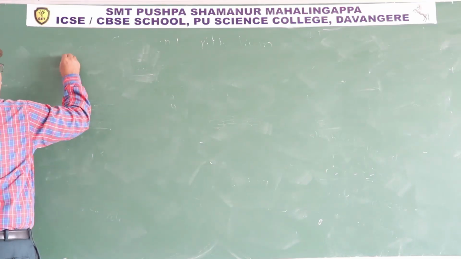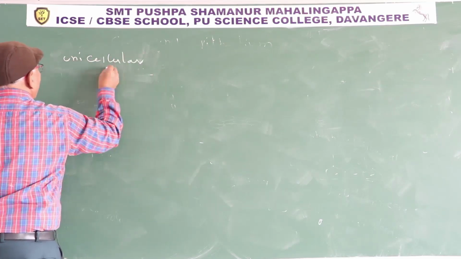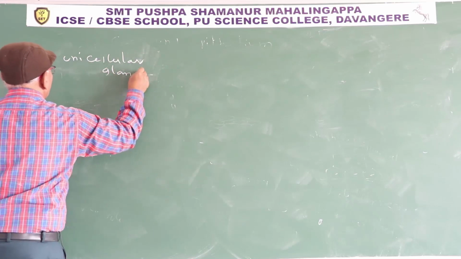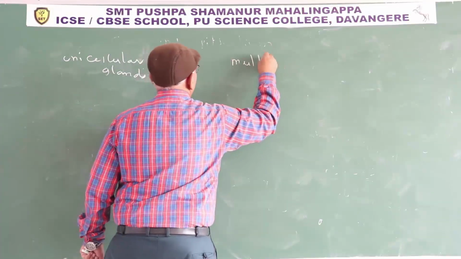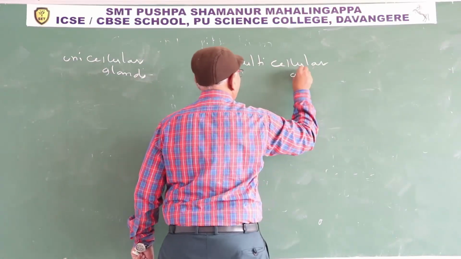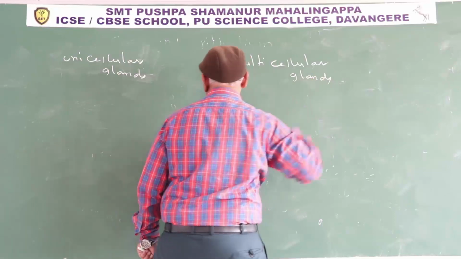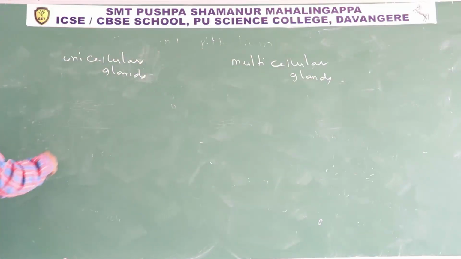Glandular epithelium is of two types: unicellular glands and multicellular glands. If a single cell acts as a gland, it is a unicellular gland.